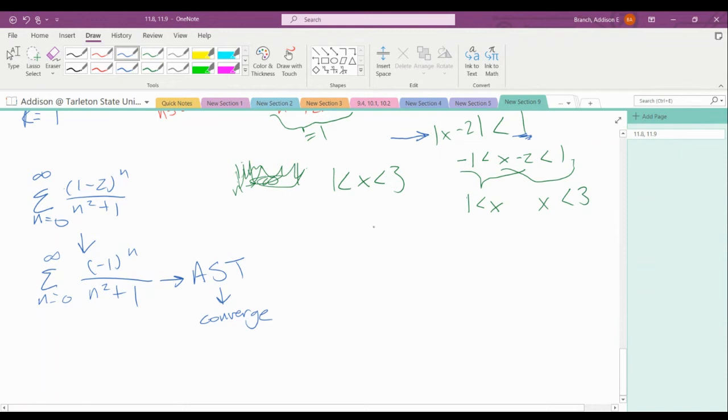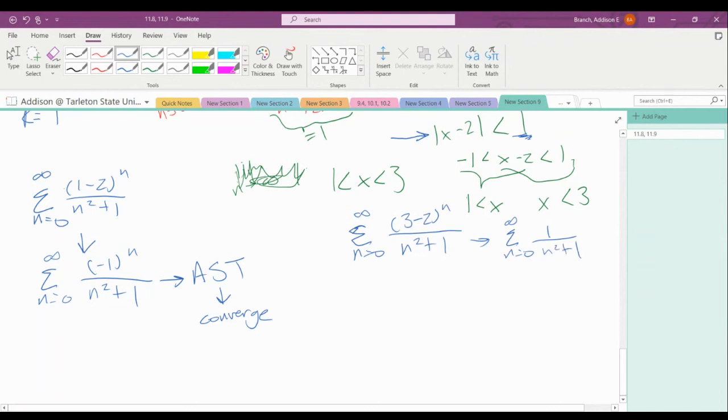Now let's look at our other endpoint. We plug in 3 to get (3 minus 2)^n over n squared plus 1. That gives us 1 to the n over n squared plus 1. However, 1 to the n is just 1, so we don't have to worry about that n up there.